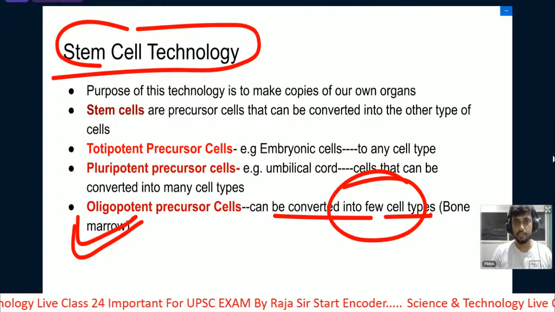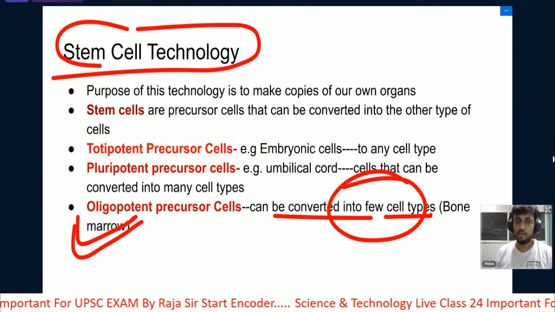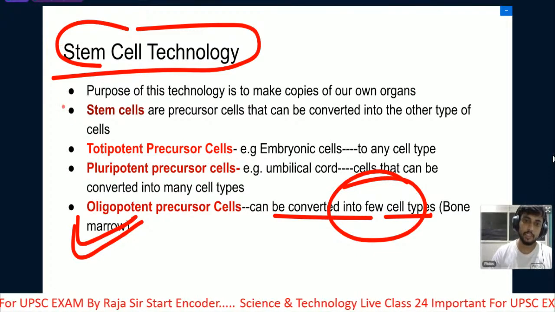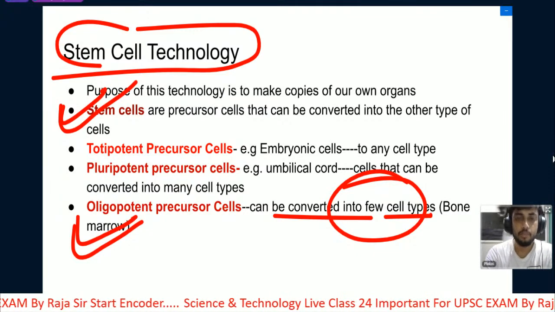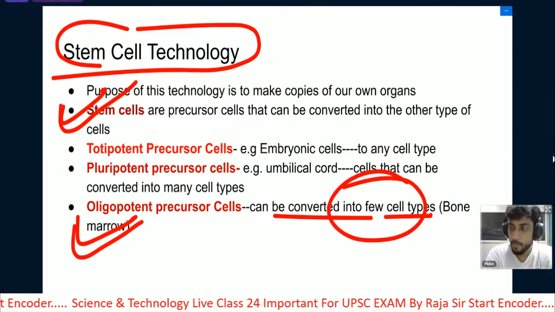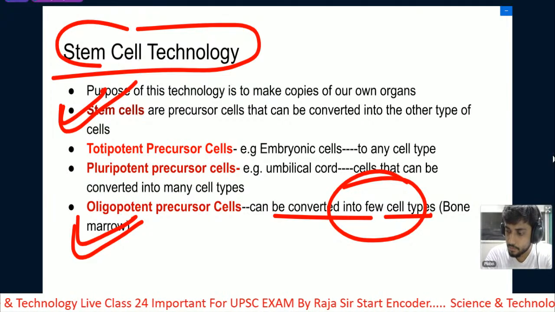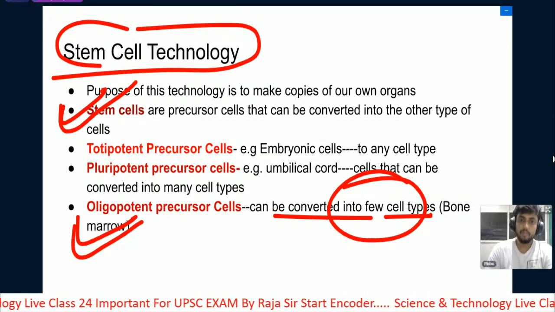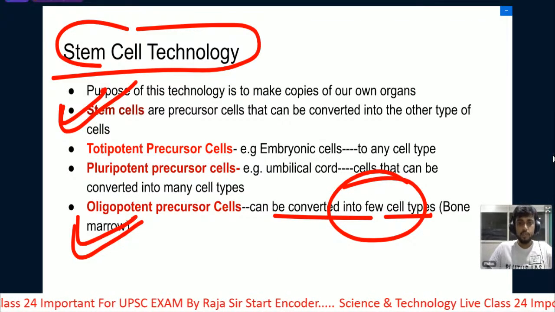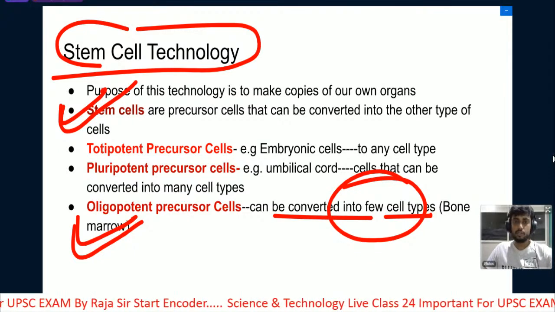Because the stem cells can be converted into all types of cells, we can exploit this property of the stem cells or the totipotent cells. How they are doing it, that we do not know. That is the exclusive domain of the biotechnologists.